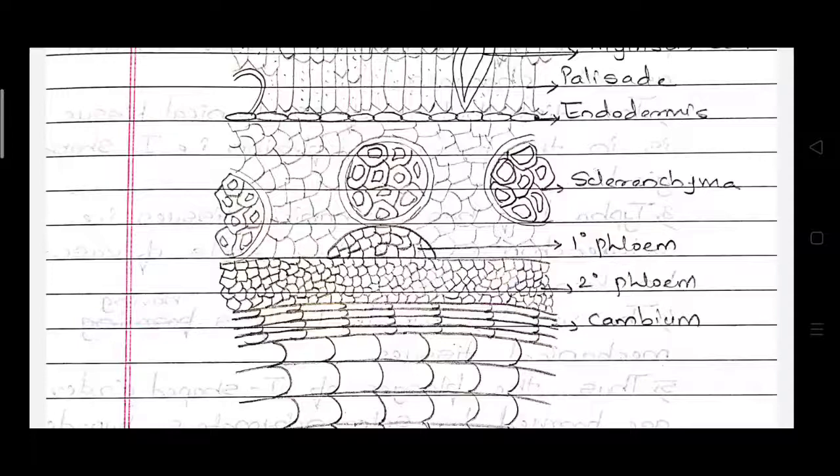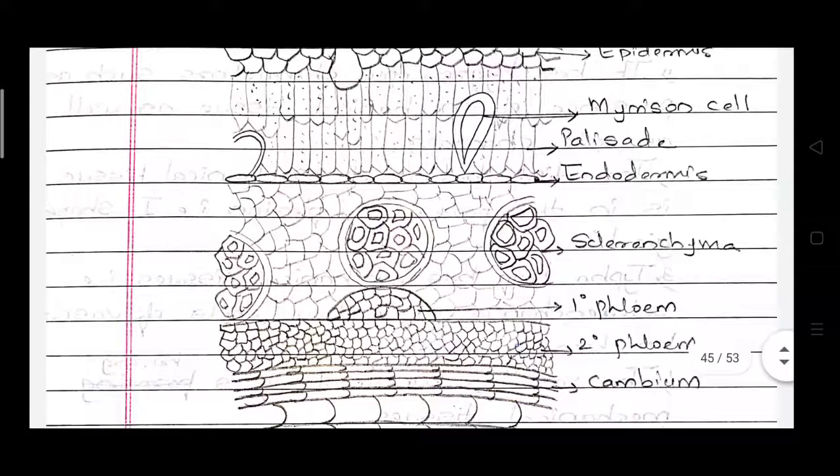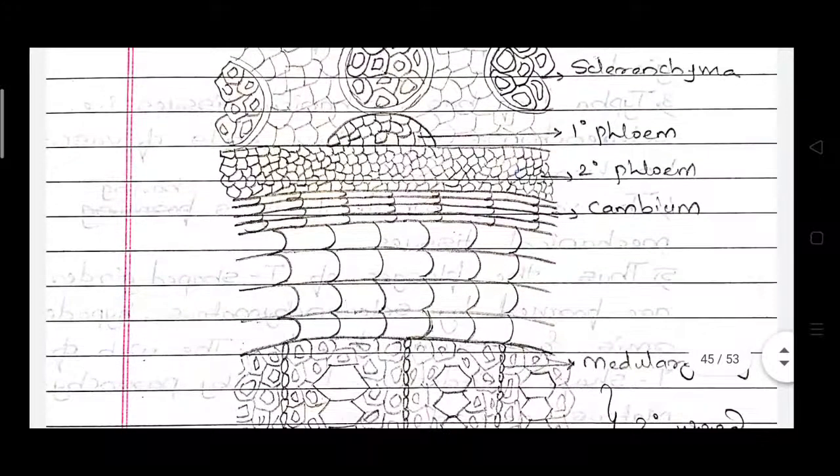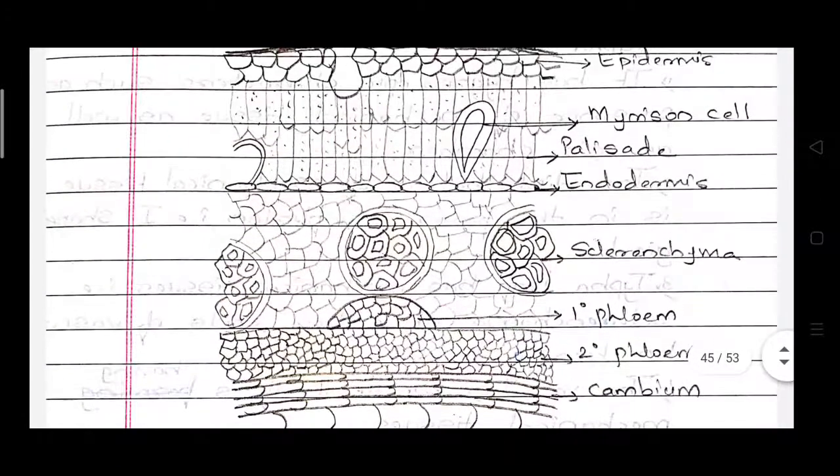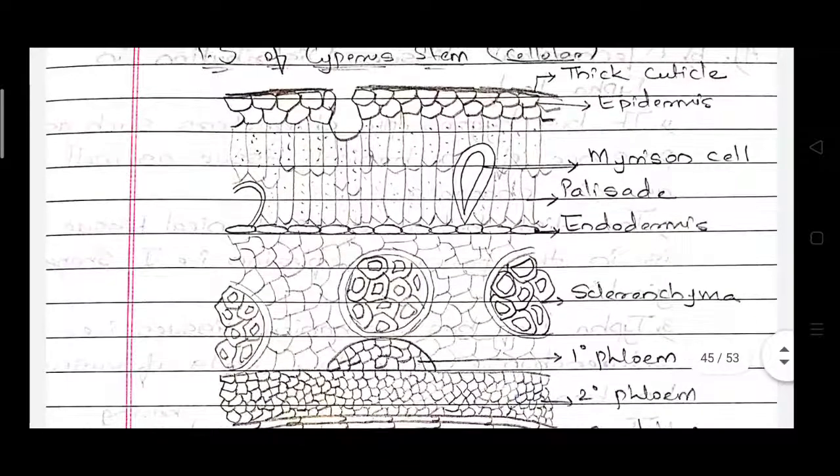So these sclerenchymatous patches form the flanges. That means they are the flanges of that I-girder. So these vascular bundles form the web, and sclerenchymatous patches form the flanges.